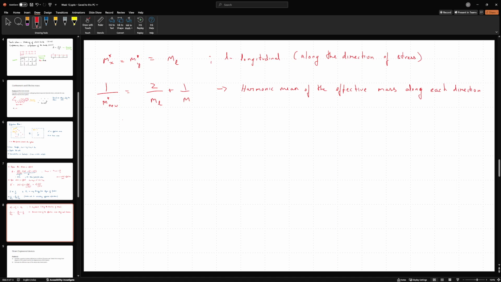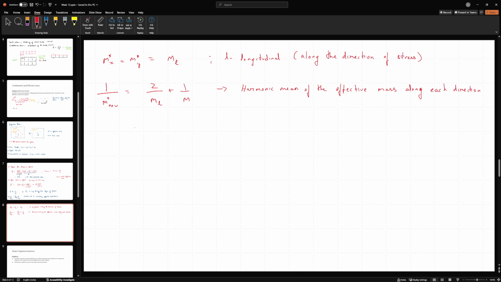Now, if all these three were equal, then you will see that the new effective mass is just going to be the average of the masses.